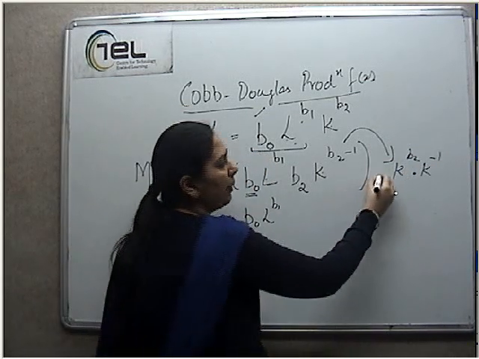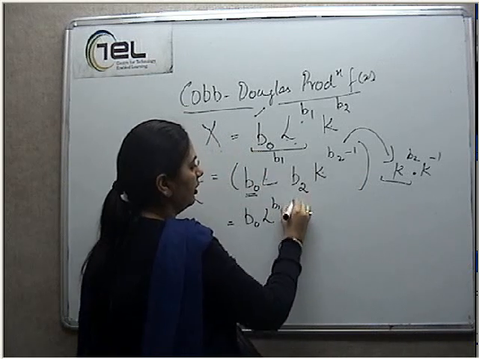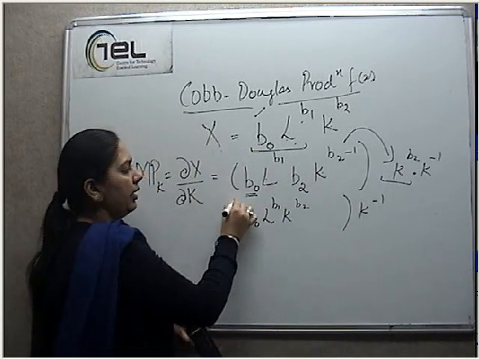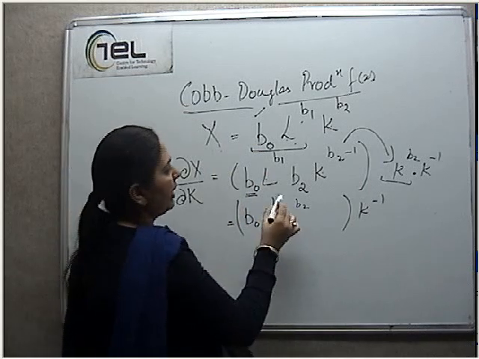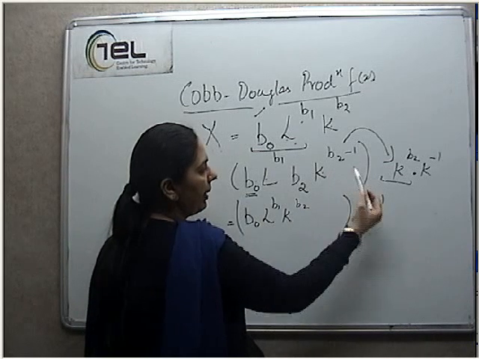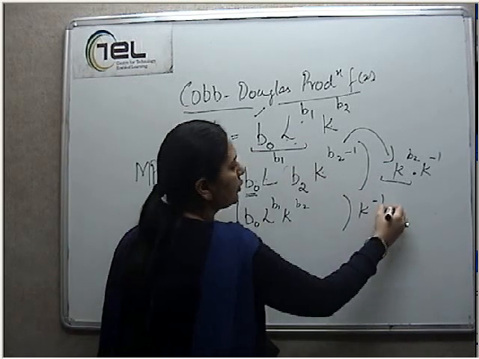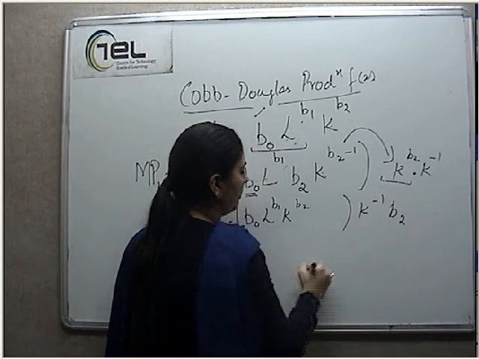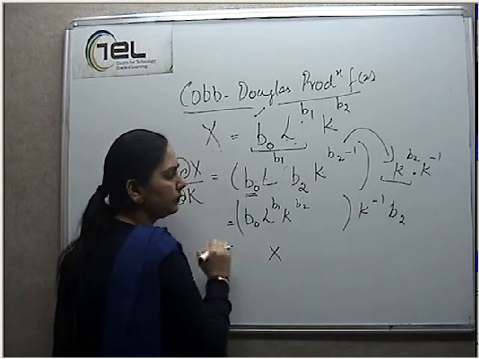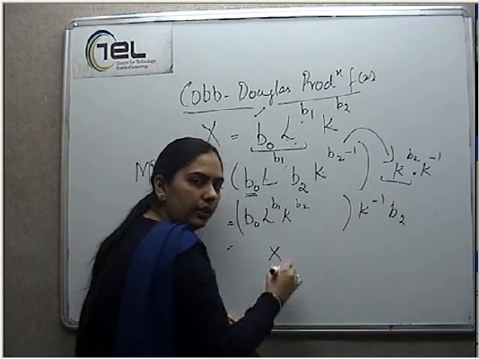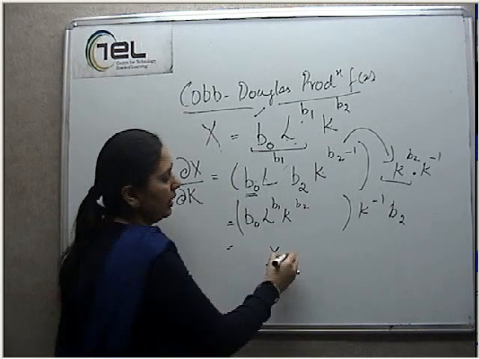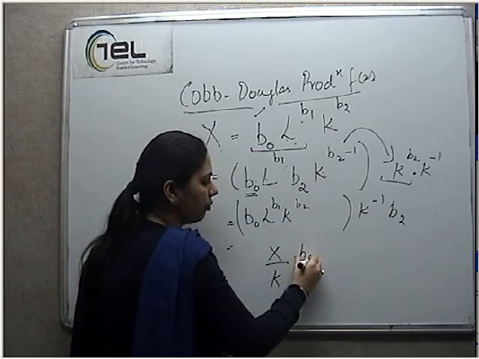So I will take K to the power B2 from here and put K to the power minus 1 outside my brackets. I have taken B naught, L B1, K B2, K minus 1 outside, and what is left is B2, which I will keep here. In my brackets, what I get is nothing but x, K to the power minus 1 in the denominator, written as K, into B2.